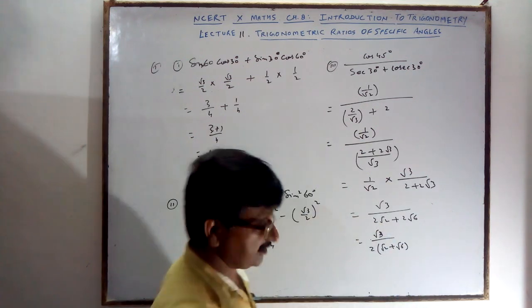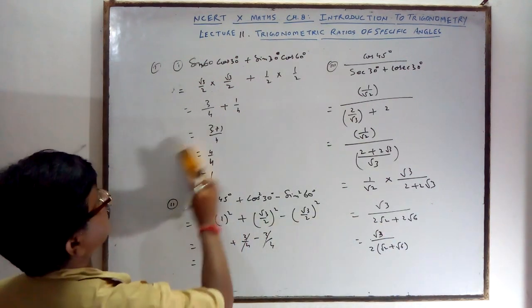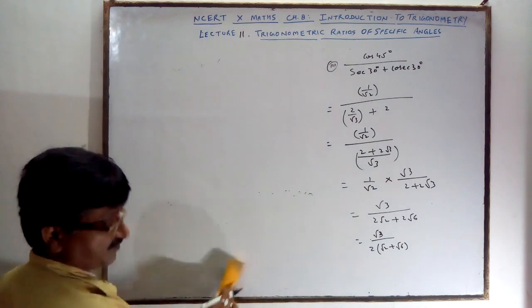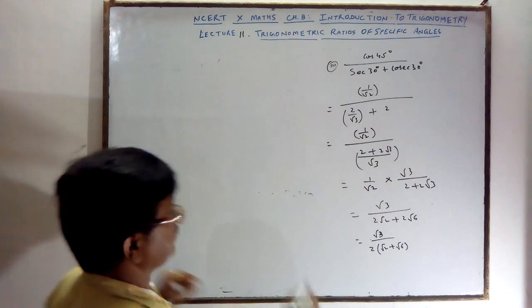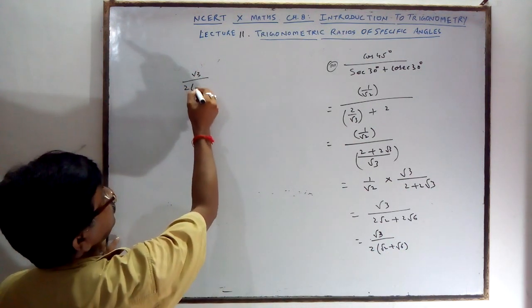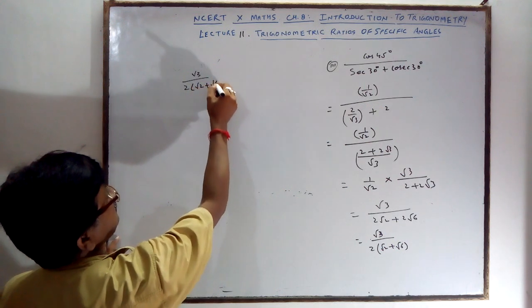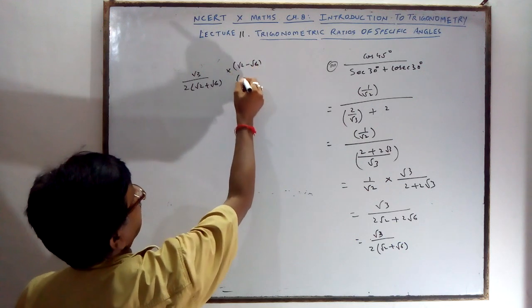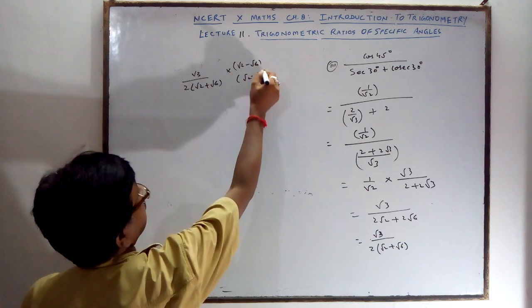So rationalize the denominator by the rule of this 9th standard. Just the opposite sign: root 3 upon 2 (root 2 plus root 6), multiply by root 2 minus root 6 and root 2 minus root 6.